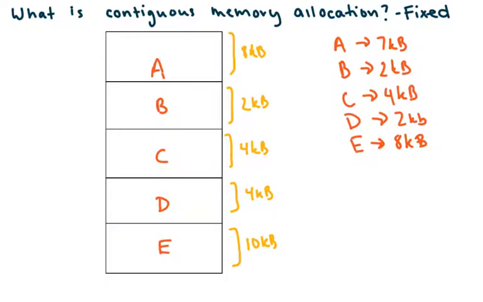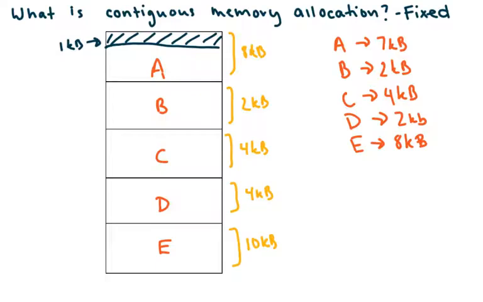Okay, a few things to notice here. The first partition is 8 kilobytes large, but A only needs 7 kilobytes. So we have this empty space here, 1 kilobyte that A is not actually using. B we don't. C fits perfectly.